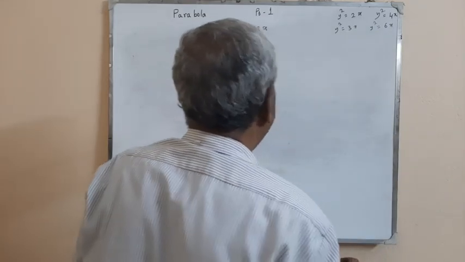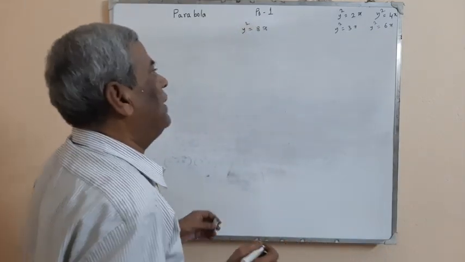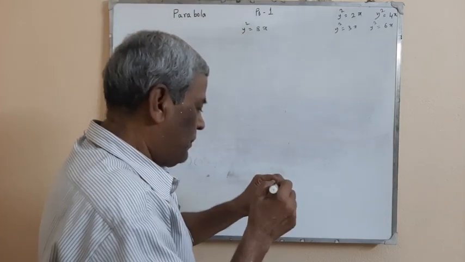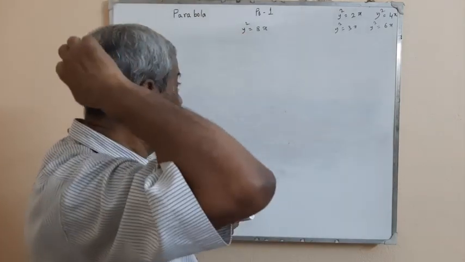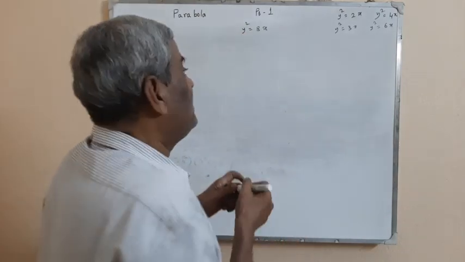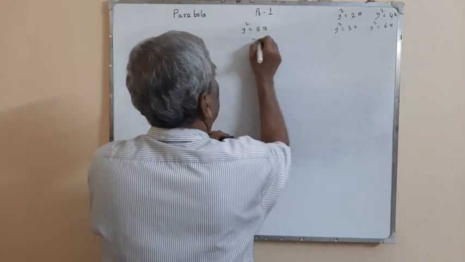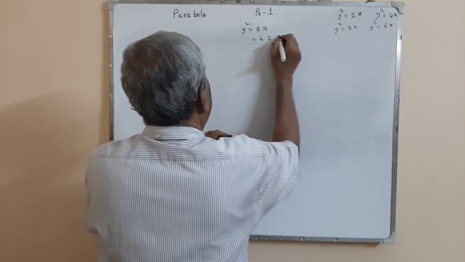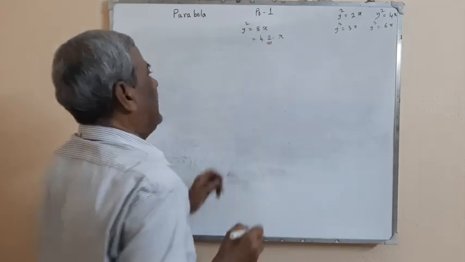And now let us see what is the given problem. Here equation of a parabola is given and it is in standard form. y squared is equal to 4ax, a is our 2 here.